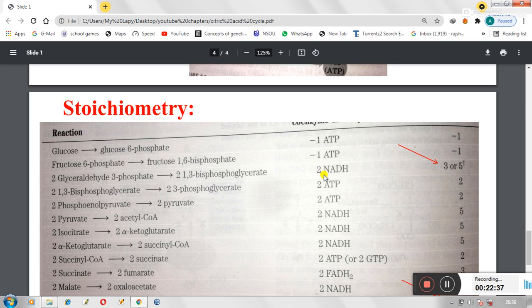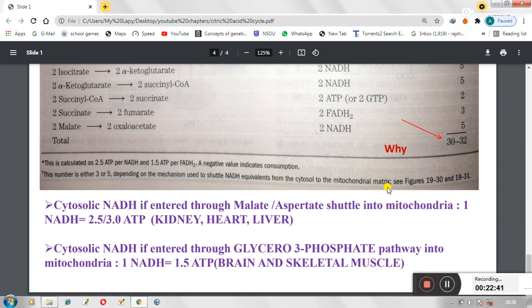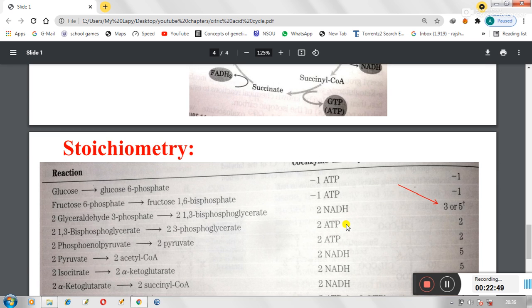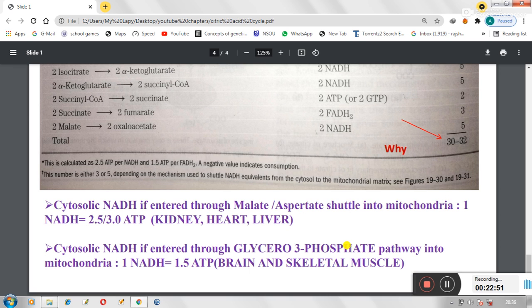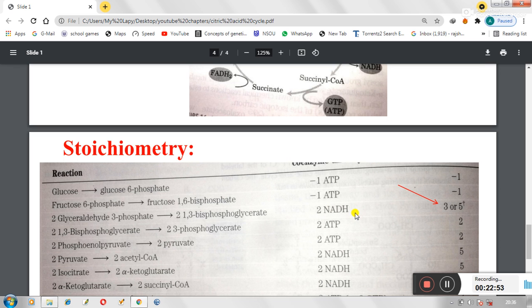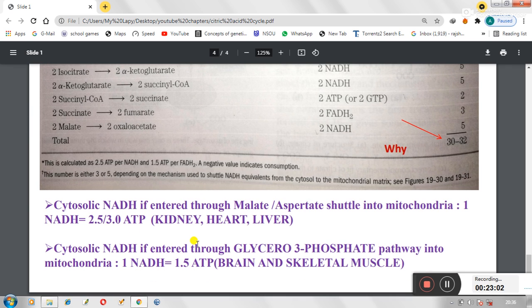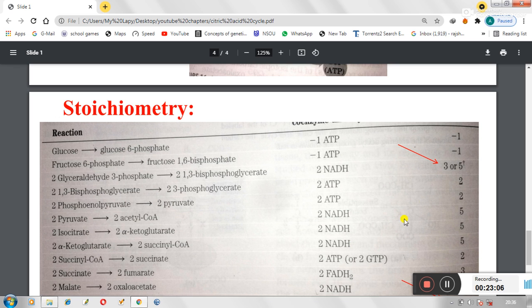If these 2 NADH enter the mitochondria through the malate aspartate shuttle, each will produce 2.5 ATP, in kidney, heart and liver. But in the case of skeletal muscle and brain, these 2 NADH molecules enter the mitochondria in a different path, so they give 1.5 ATP per NADH. Per NADH it will produce 1.5 ATP in brain and skeletal muscle.